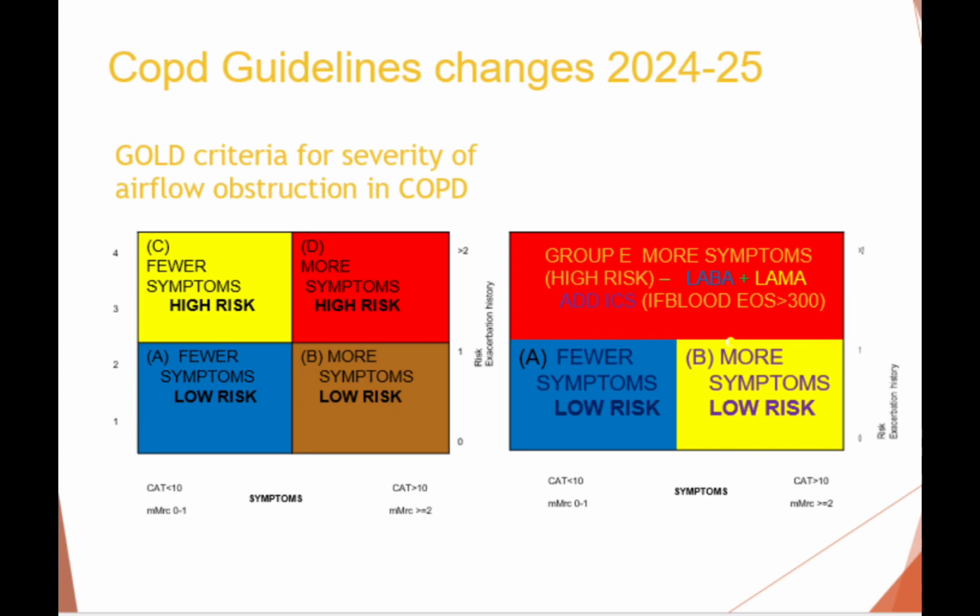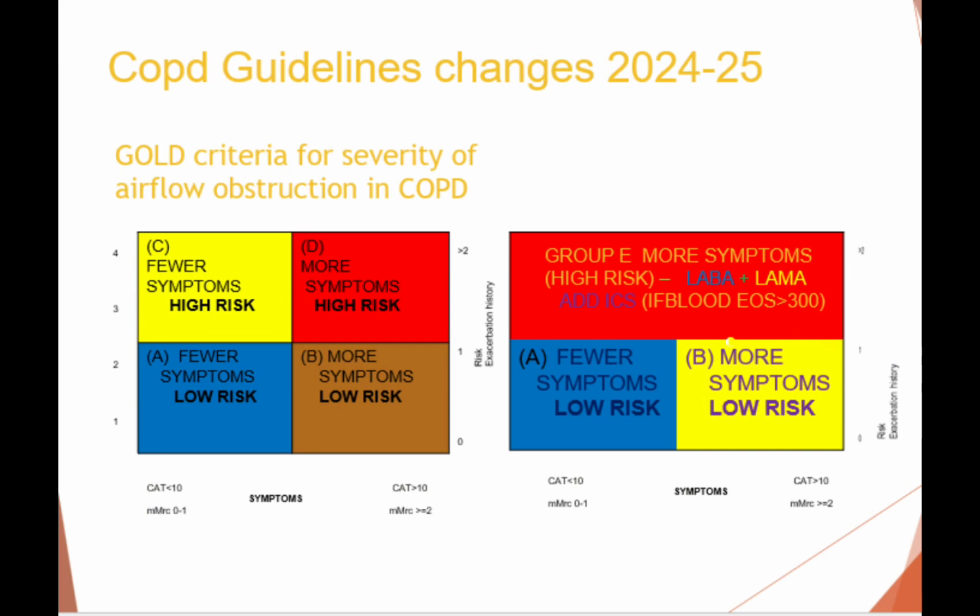Okay, let's look at the table and explain. In the first table, mMRC is 0 to 1, which means fewer symptoms for A, and then mMRC is greater than 2, which is more symptoms for B. But when it comes to C, there are fewer symptoms, mMRC is less than 2, but on the side you can see exacerbation or risk of hospitalization.